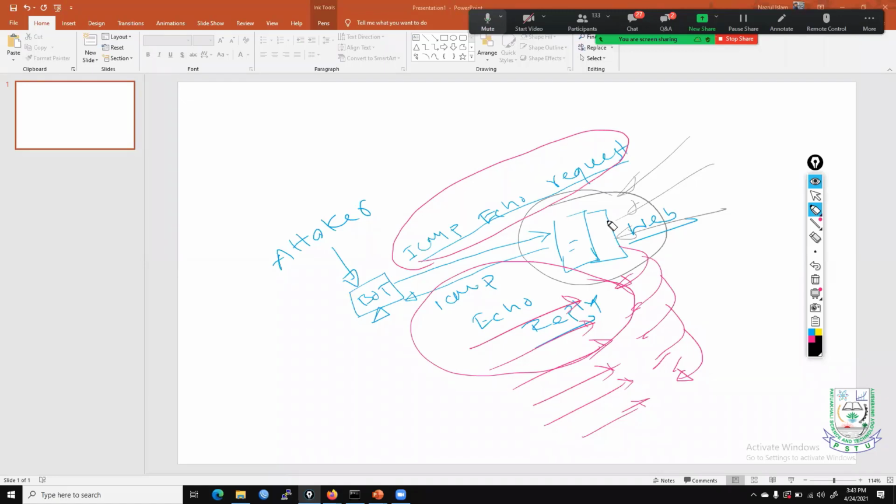To achieve this, we can disable the firewall. So what actually happens is it disables all the security features by default, to block those false ICMP requests or attacks.